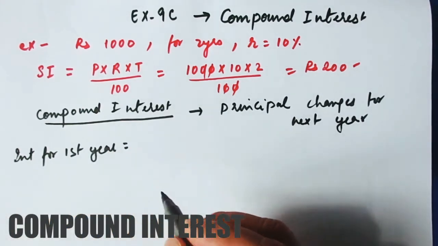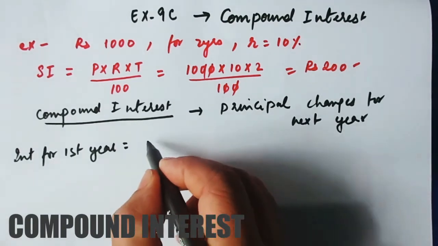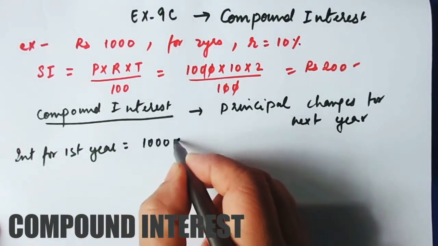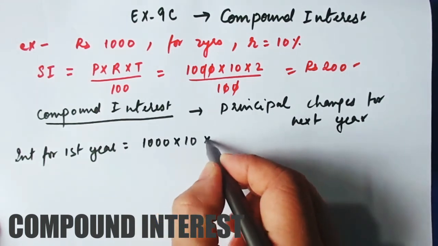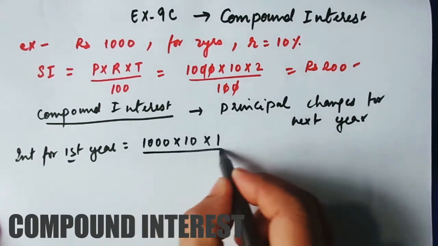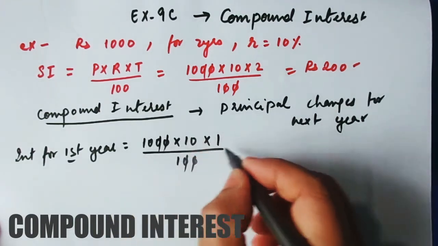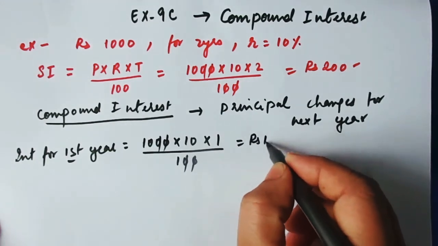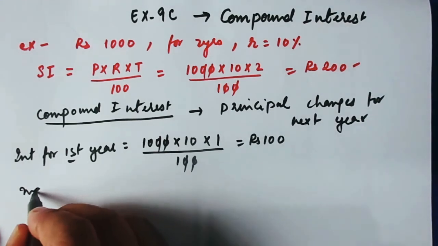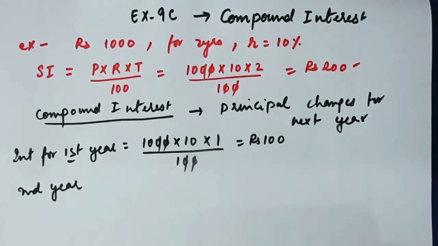So my dear, the interest for the first year will be the same thing, PRT by 100, that is 1000 P, rate is 10%, time 1 year, because you are using it for the first year. What will you get? You will get rupees 100. Very good, no issue. Now for the second year, the principal will not be rupees 1000.